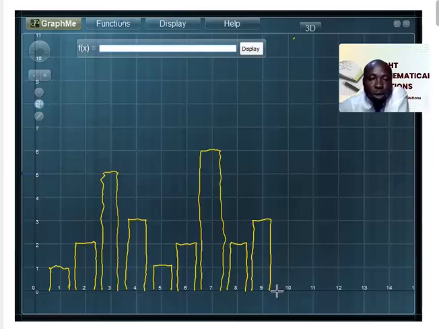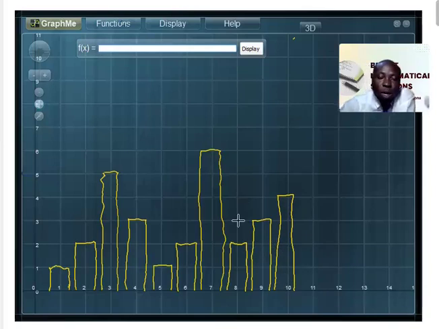Ensure you use a ruler. It must be straight. When x is 10, the frequency is 4. The bottom line here is that the bars must not touch one another, and they must be straight and accurate. So this is our bar chart in a nutshell.